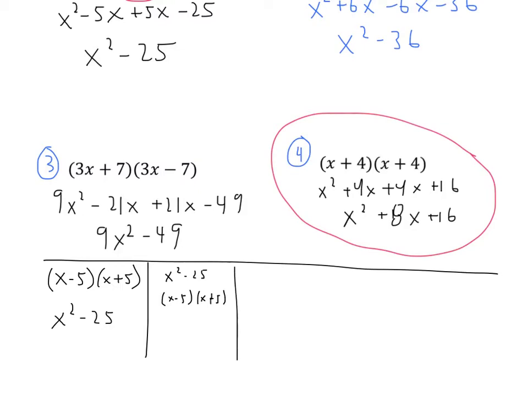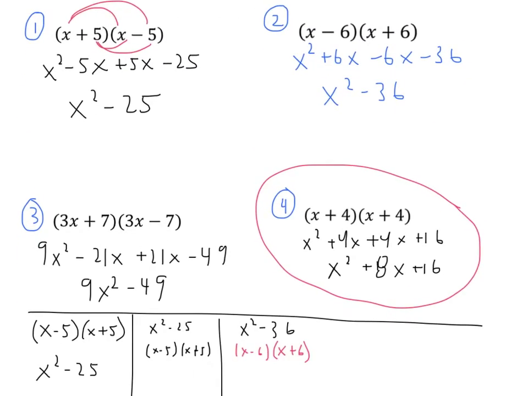If I had the problem x squared minus 36, referencing problem 2, I would be able to factor that like this: x minus 6 times x plus 6. If you don't believe me, you can try to multiply this out. Well, you don't really have to because we just did that up here.